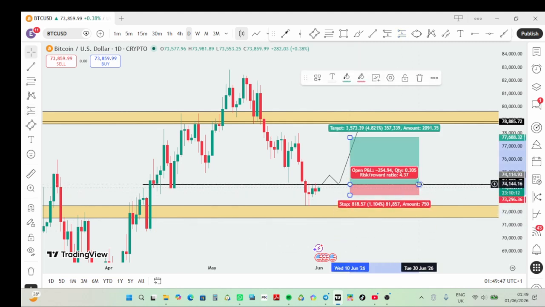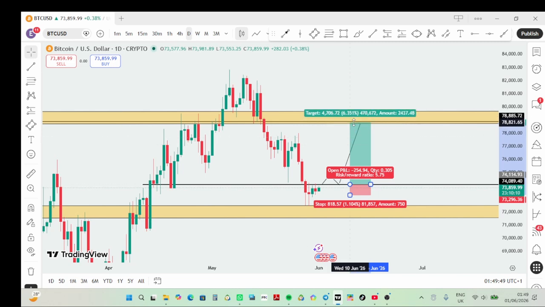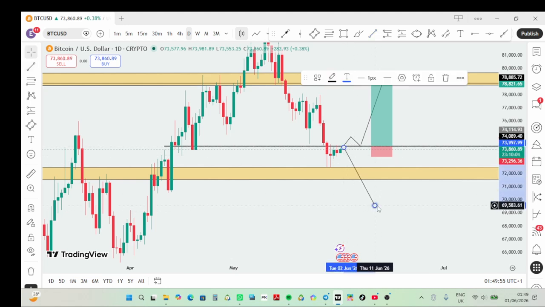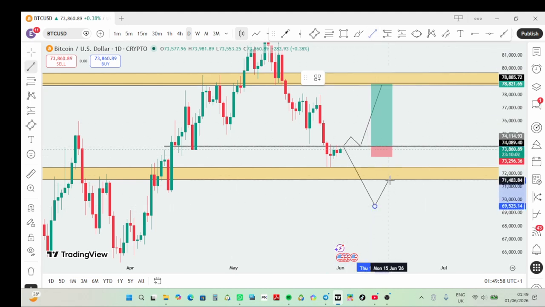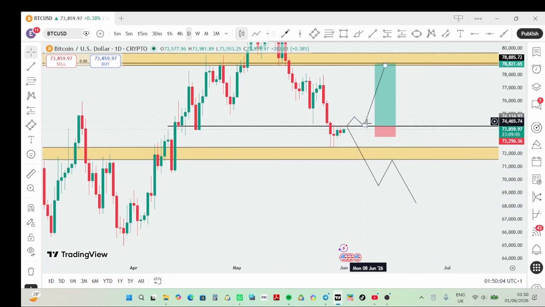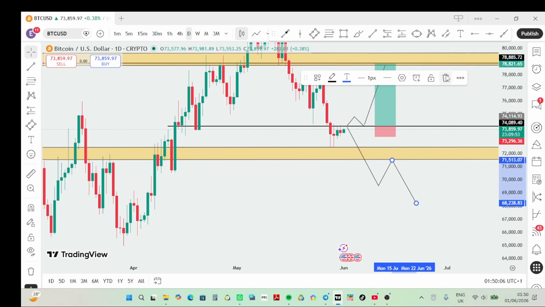I would prefer the market to bounce off from this point. But if the market decides not to come to this point, it can start flushing down from here, which I'm not really too sure about, but I'm more bullish this week.